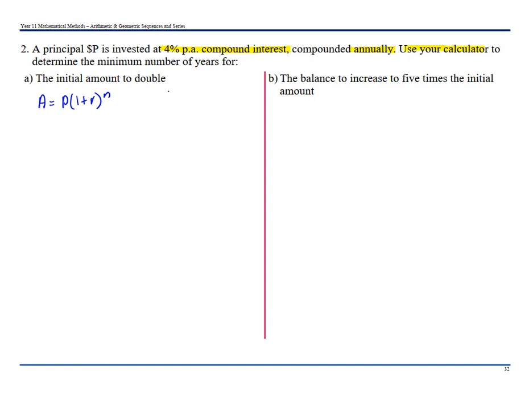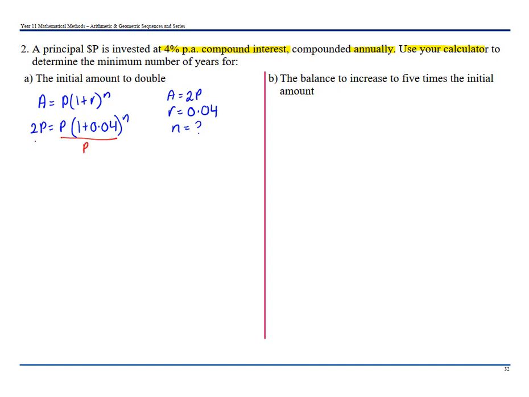So our amount is going to be 2 lots of our principal. Our interest rate is 0.04 and our n is, we don't know. So I've got 2P equals P(1 plus 0.04) to the power of n.